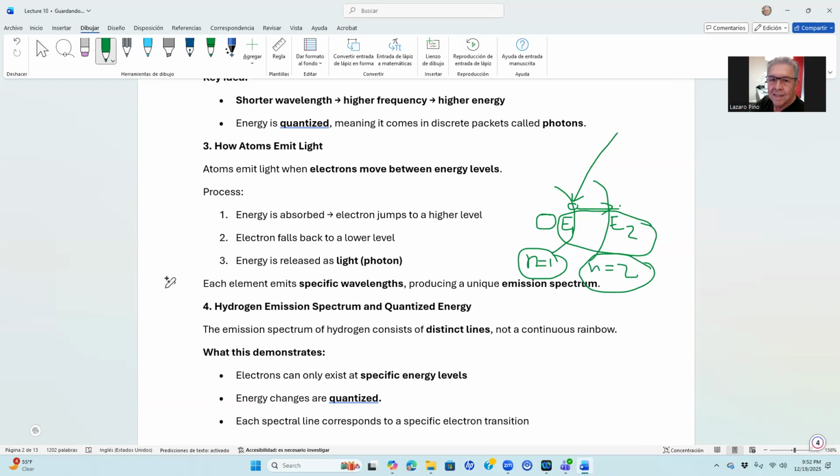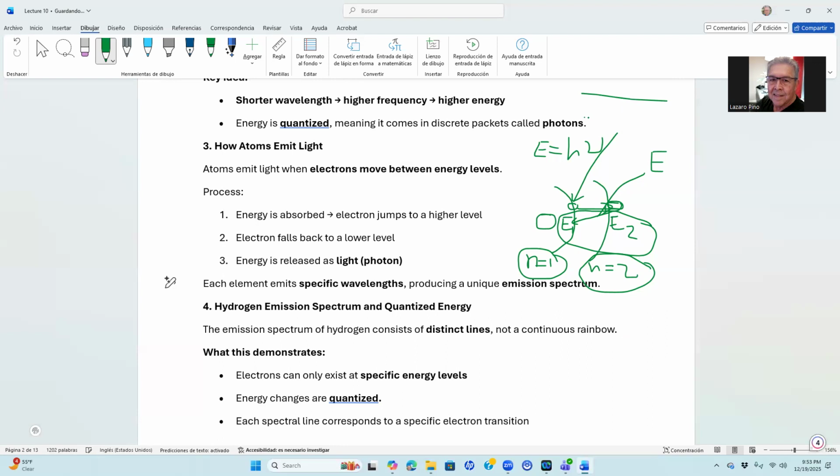Then, when the electron that is excited because it absorbed certain energy from the photon, it can return to the original level emitting certain energy, and this energy can be calculated the same way that I showed you before, because energy is equal to Planck's constant times the frequency of the light that is emitted, and the spectrum is not continuous.